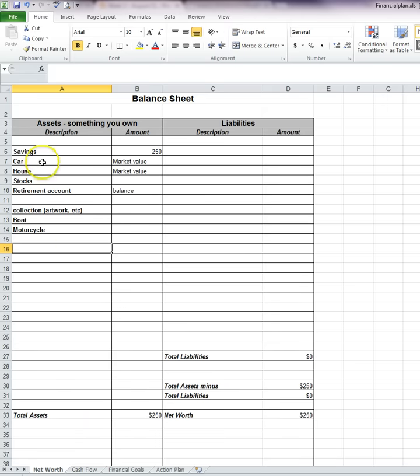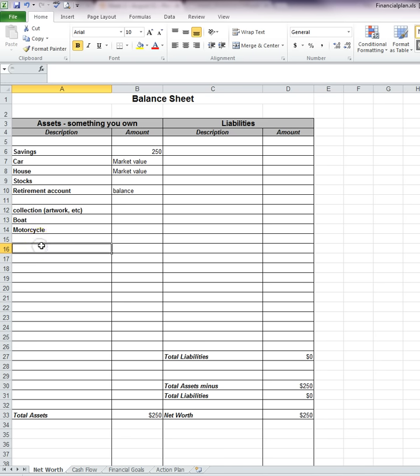The value of your car today is worth more than the value of your car next month, most likely, because your car decreases in value every day. Similarly, a boat and a motorcycle would do the same thing. So we don't want to grow our net worth down here on assets that are depreciating in value. Rather, we want to look towards savings, stocks, retirement account, house, assets that will appreciate in value over time.